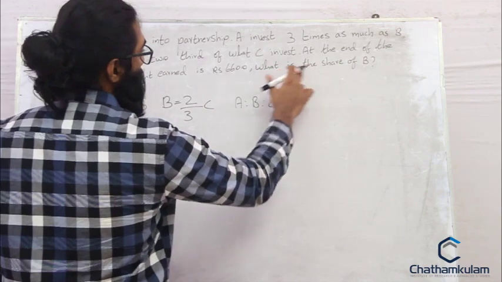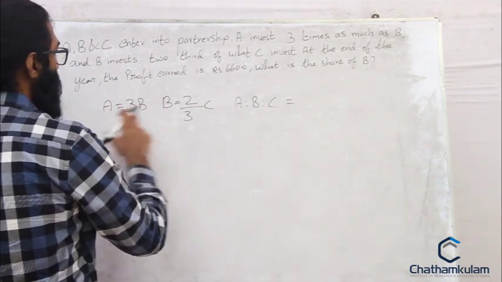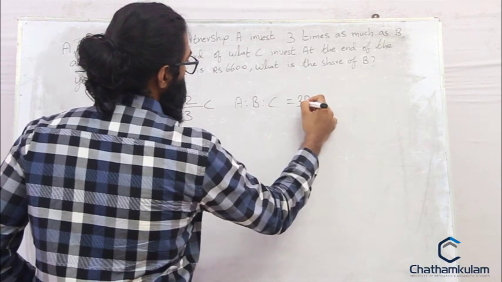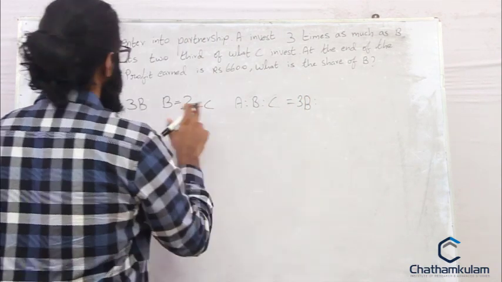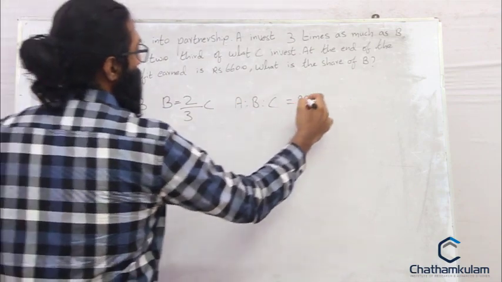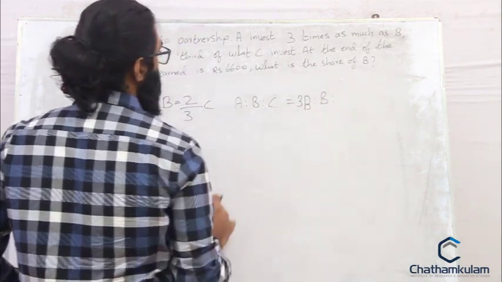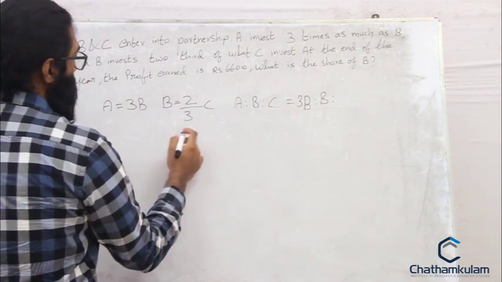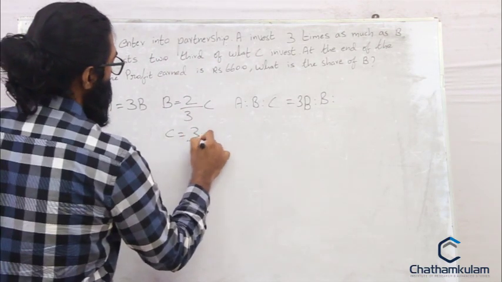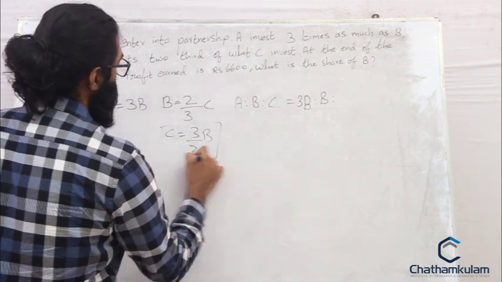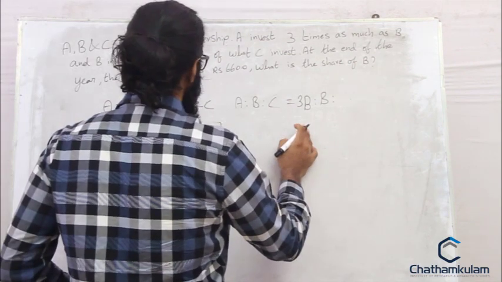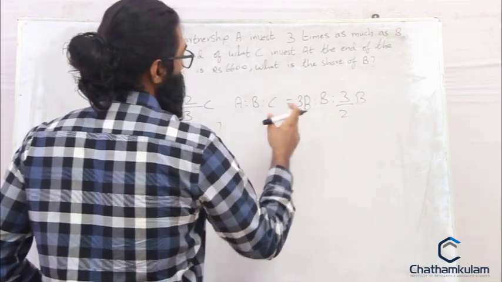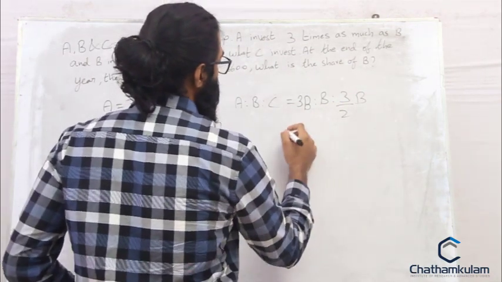Since we want the share of B, A can be written as 3B, and B can be written as B itself. Then C can be written as, since B equals 2/3 C, C equals 3/2 B, right? Since B is common, we can cancel all the B's.